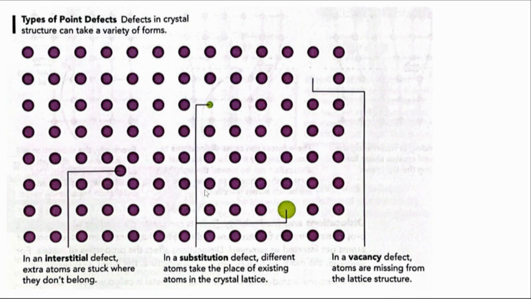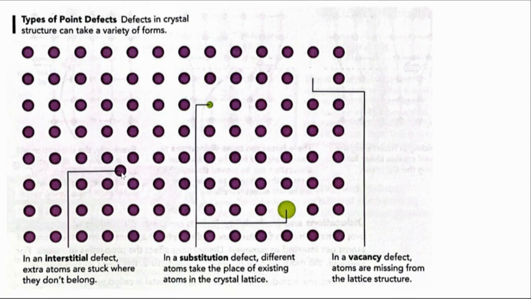So here's another way to see all three of those defects in one material. An interstitial defect, again, is an atom that's stuck in a place where it doesn't belong. In this case, in this model, our interstitial defect is an atom that is the same as the bulk atoms. It's just stuck in a place where it doesn't belong.